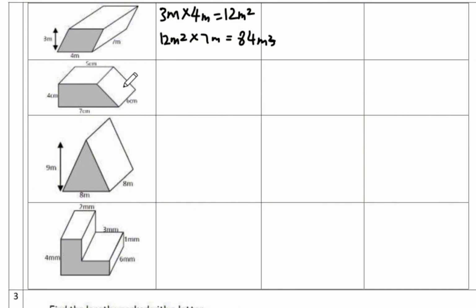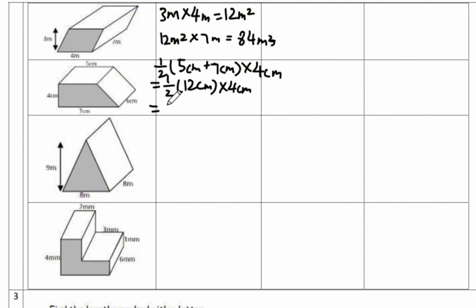For the next one, we will need to find the area of the trapezium first. So we'll take 1 over 2, 5 cm plus 7 cm, multiply with 4 cm, which we will get 1 over 2, 12 cm multiply with 4 cm, which is 6 cm multiplied with 4 cm, which is 24 cm squared.